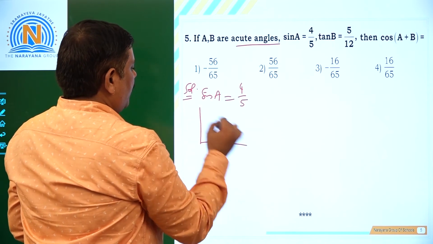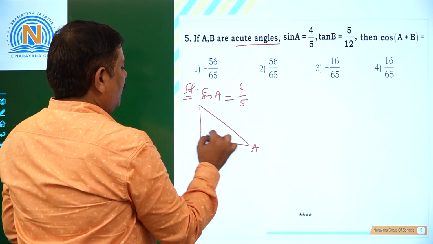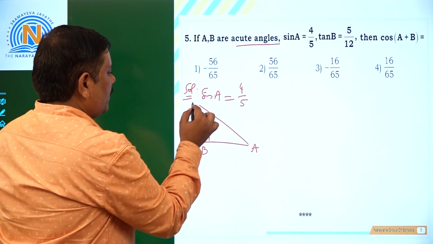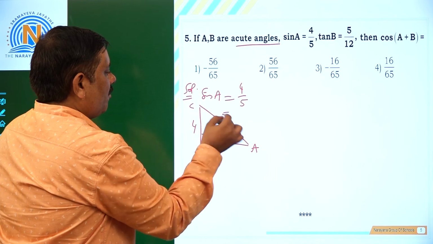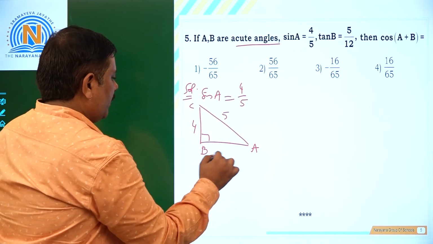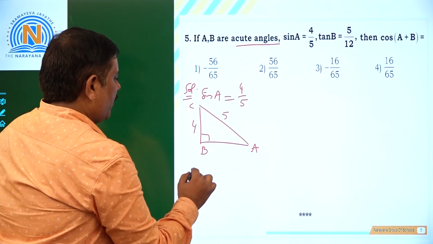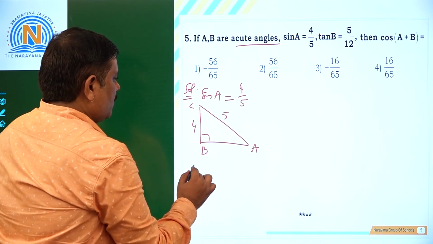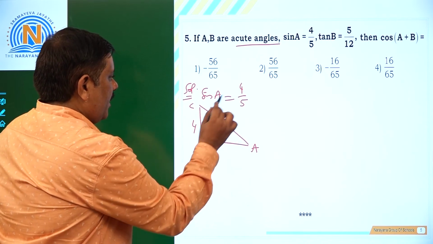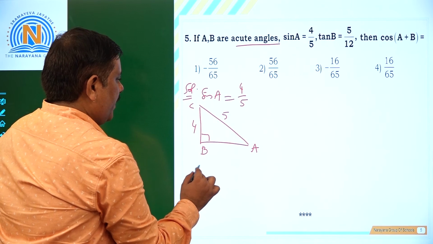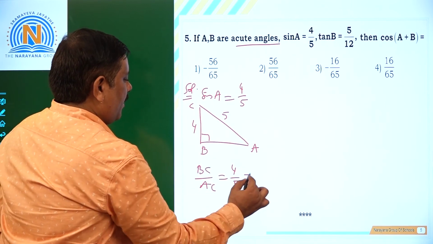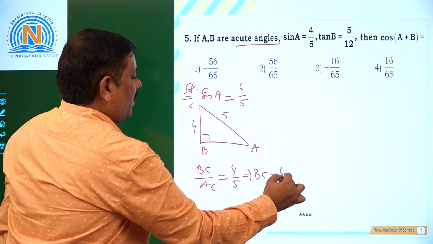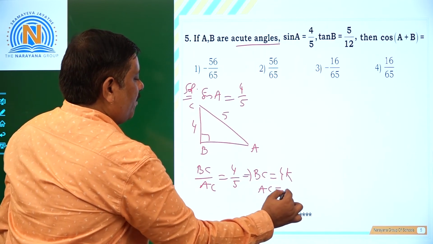If you take the right triangle, with the right angle at B, this is BC. Sin A is opposite to hypotenuse, 4, 5. Its corresponding value will be how much? It is 3 times. How can you get that? By using the Pythagoras theorem. So here we can say sin A is 4 by 5, therefore BC by AC is equal to 4 by 5. It implies BC is equal to 4K, AC is equal to 5K.